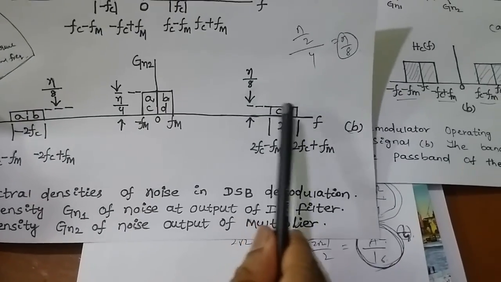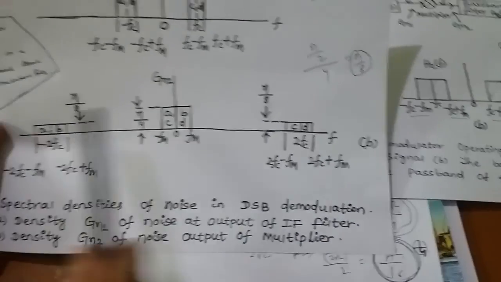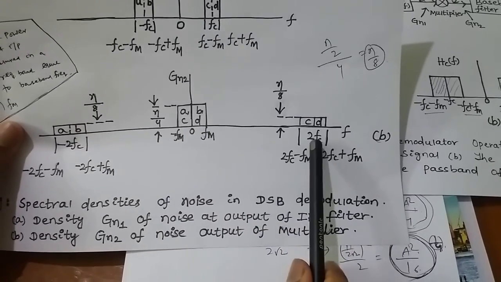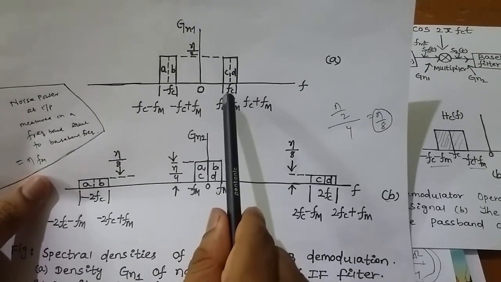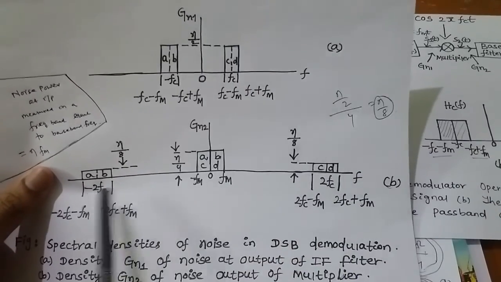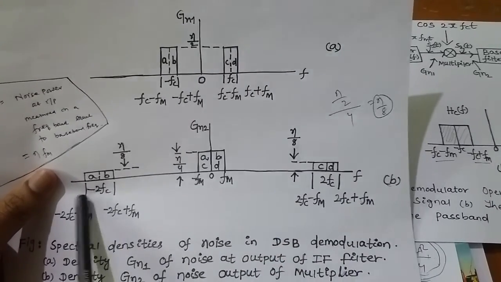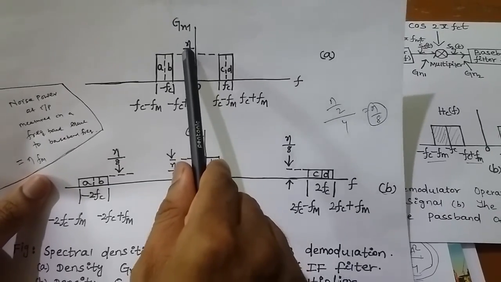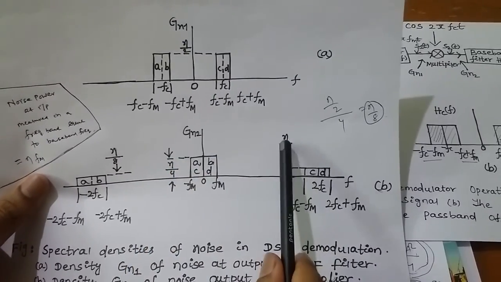The two sidebands have amplitude eta by 8, and they are shifted in frequency: this was fc, now it has been shifted to 2fc on the right side and 2fc on the left side, and the PSD has decreased by 1 by 4 times, it becomes eta by 8.